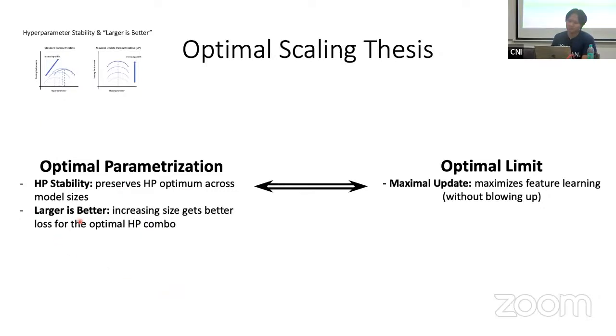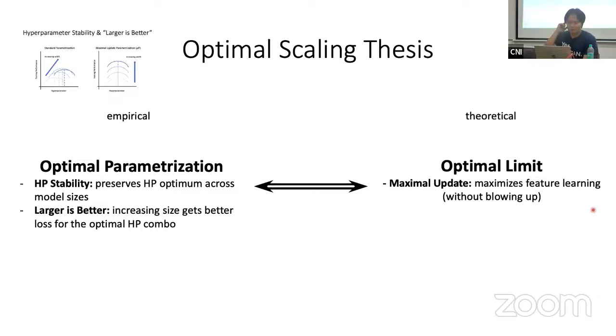If larger is not better when you scale, then you should not scale. On the right side, what I define as optimal limit is just a mysterious statement that you should have maximal update, maximize feature learning. I have not talked about this at all so far, so it's okay to be confused at this point. I'll explain in a second.